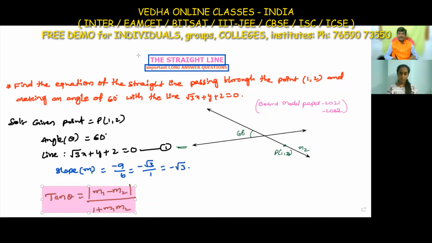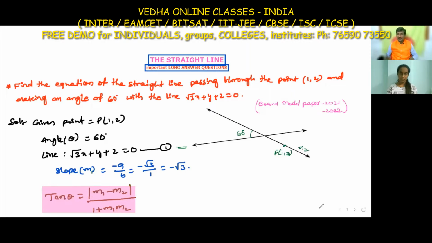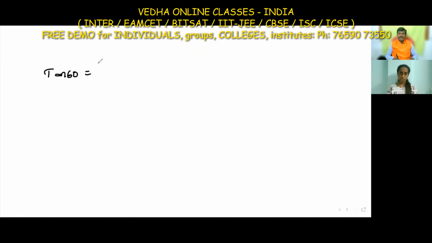So tan 60 degrees equals the modulus of (m1 minus m2) by (1 plus m1 m2), where m1 is minus root 3, and m2 is the unknown slope.